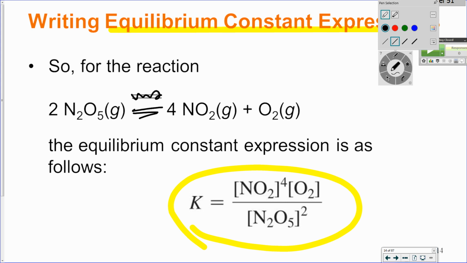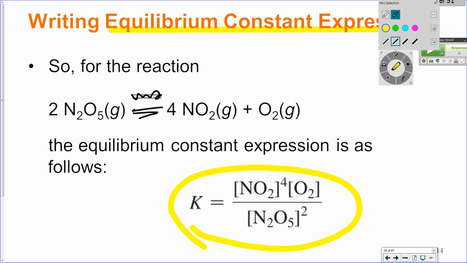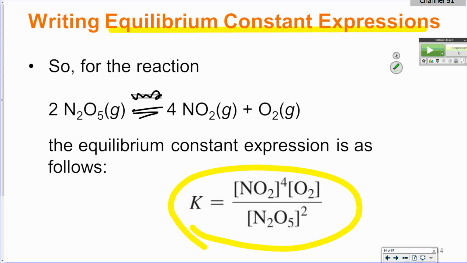So if I look at the reaction, 2 N2O5 decomposes to 4 NO2 and O2. The way I would write that K expression is products over reactants. So the products in the system are the NO2. I'm going to put the NO2 in. Because of the 4 stoichiometry, I would put it to the 4th power.